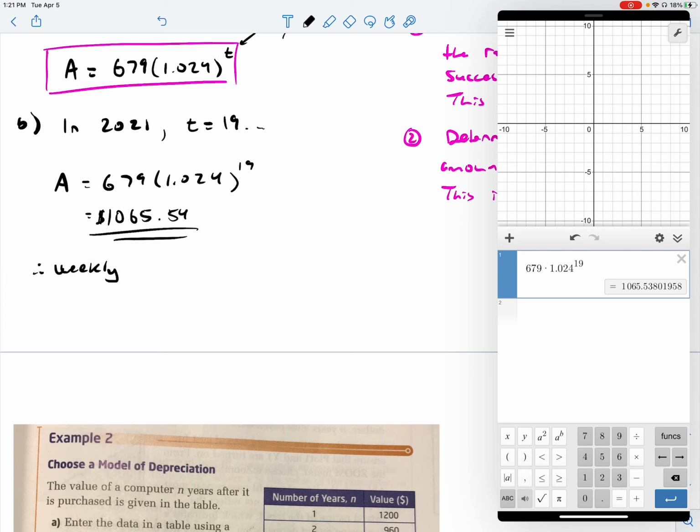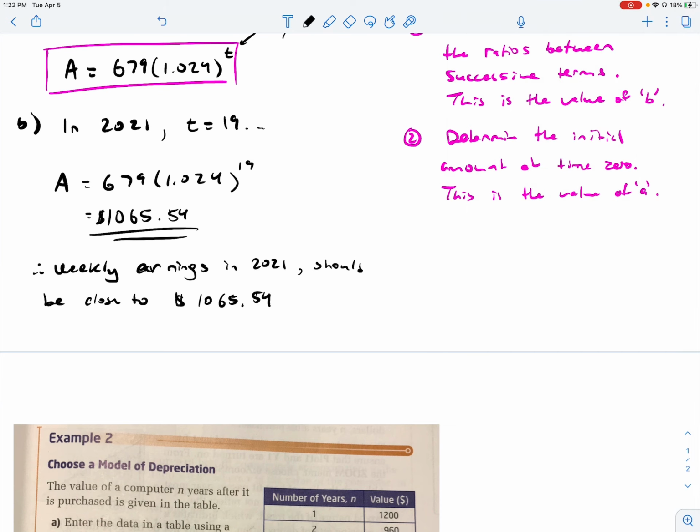Therefore, weekly earnings in 2021 should be close to $1,056.54. So you see how we just used our equation to make a prediction.